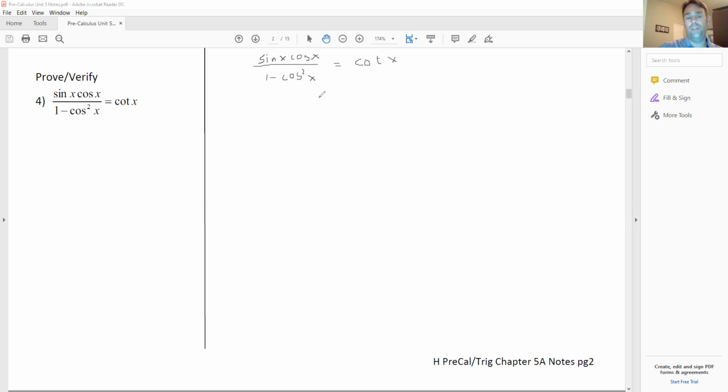So if you're looking at this, what looks to be a little bit worse? Well, friends, in my mind, I'm looking at the left and I see two trig things on the top. I see a fraction. I see Pythagorean stuff on the bottom. On the right side, I just got one trig function. So in my mind, the harder side is the left side. So that's going to be the thing I play with. It doesn't really matter what I do.